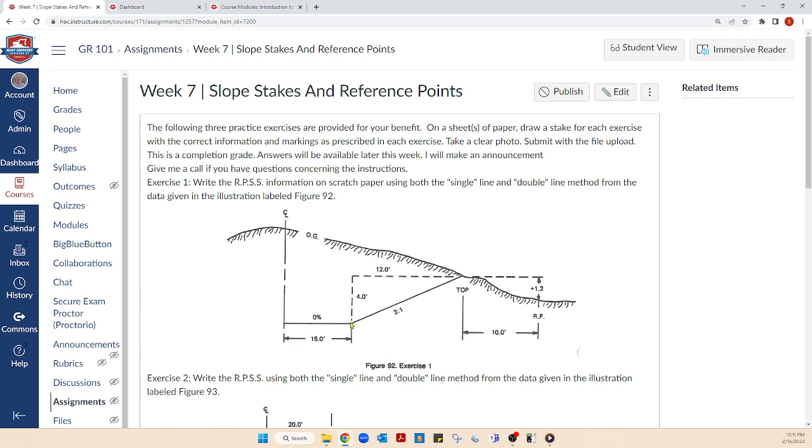So I'm not worried about that. If it's single line from here, I would be worried. So on a single line, you would cut 4 feet at 27 feet. You understand that?